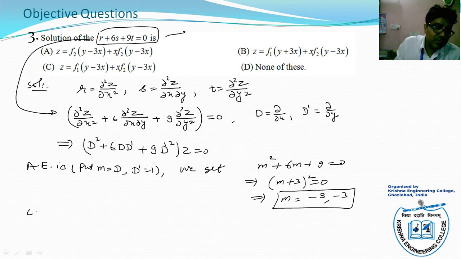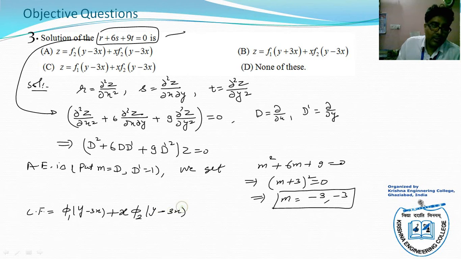So the CF in this case is phi 1 of y plus m x, that is minus 3x, plus x multiplied by phi 2 of y minus 3x, right. And the PI in this case is equal to 0 because the RHS is equal to 0. So the complete solution z is equal to CF plus PI.